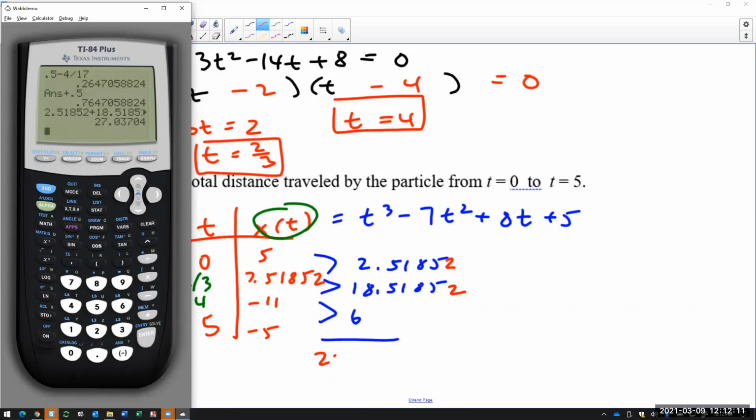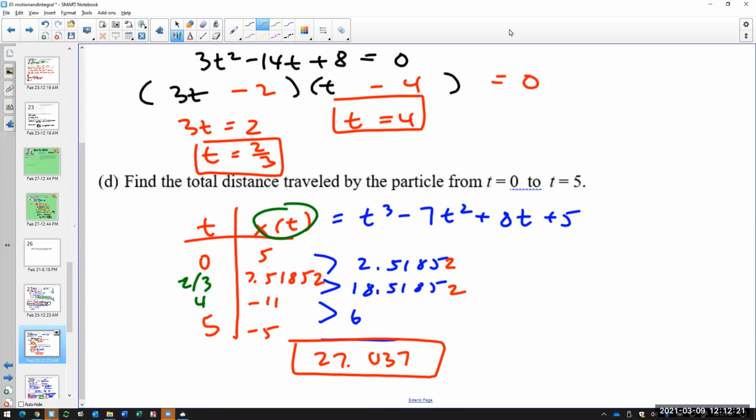And I'm getting 27.037, and you just need to go 3 decimal places. Anybody do it the other way and get the same answer? Okay, thank you, Emily. Yeah, I could tell because you were done. So that is a way to get total distance. The other way is just the integral of the absolute value, which works also, but you guys choose which way you want. Sometimes you have to do one or the other because you don't have enough data.